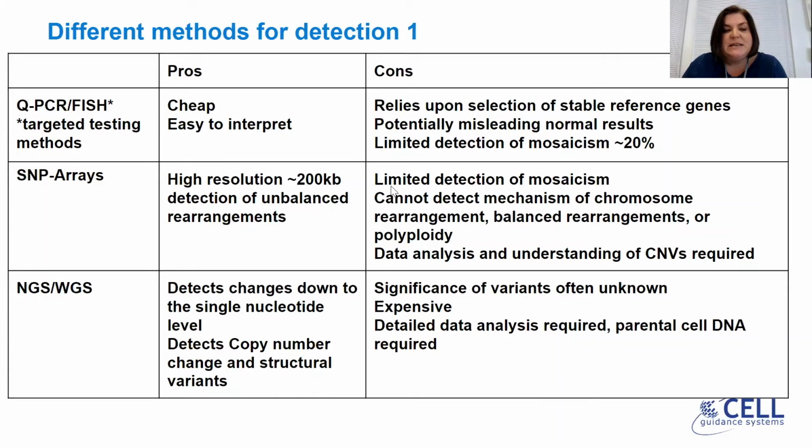Next generation sequencing or whole genome sequencing have the advantage that they can detect changes down to the single nucleotide level. They can detect copy number change and structural variants. However, although the price of them has come down, they are still considered expensive. The significance of single nucleotide variants is often unknown. There's limited published data.